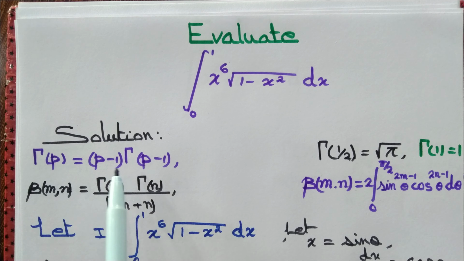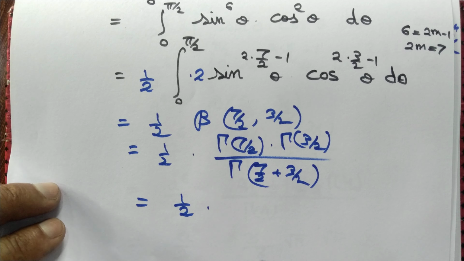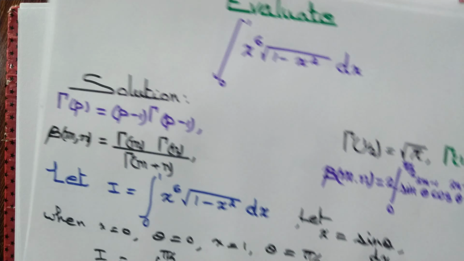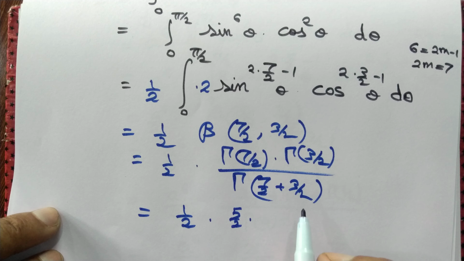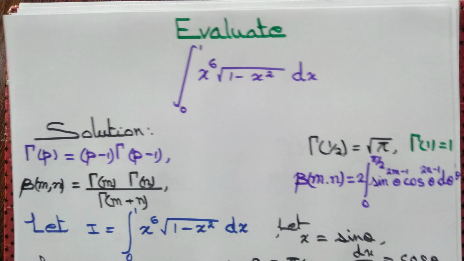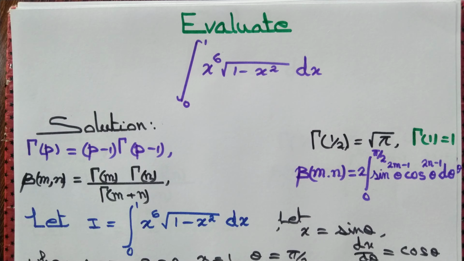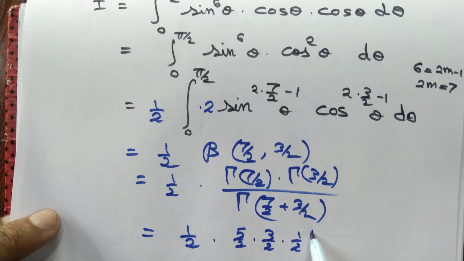So, gamma 7 by 2 is 5 by 2 times gamma 5 by 2. Again, we choose p equal to 5 by 2 to say gamma 5 by 2 is 3 by 2 gamma 3 by 2. Again, we choose p equal to 3 by 2 to say gamma 3 by 2 is 1 by 2 gamma 1 by 2. But we know the value of gamma 1 by 2, so we do not do it again. So, gamma 3 by 2 is 1 by 2 gamma 1 by 2.